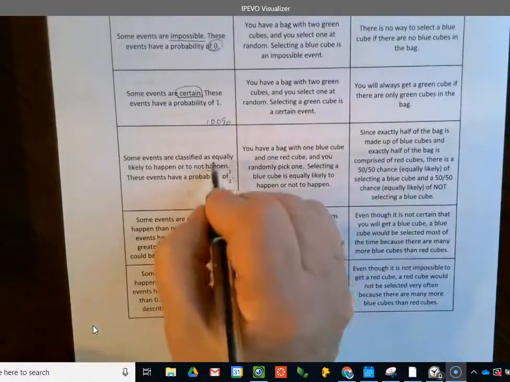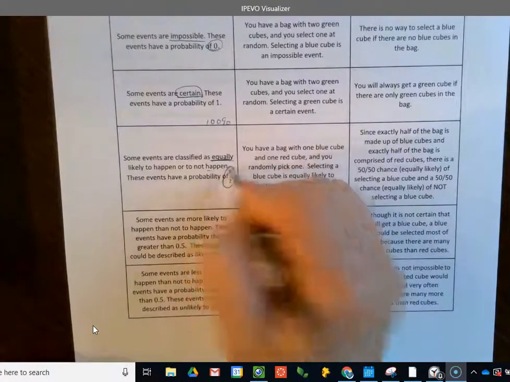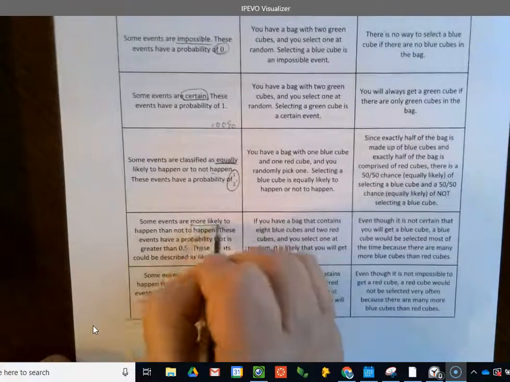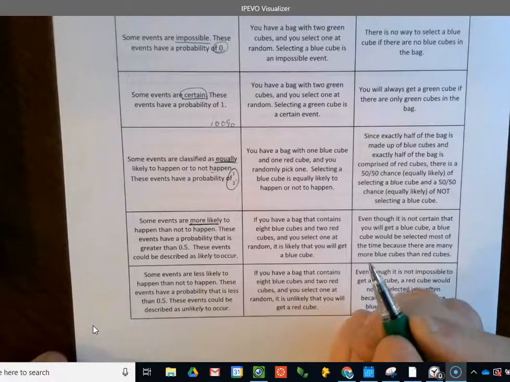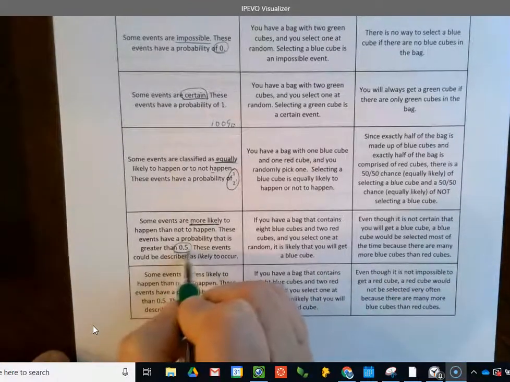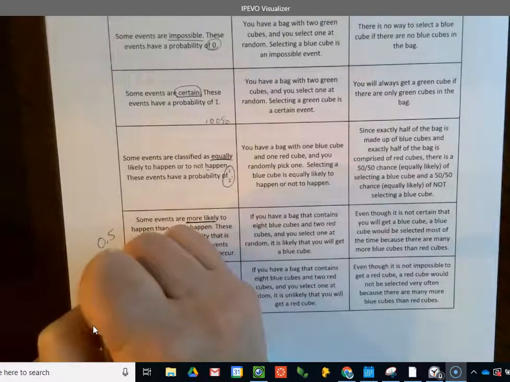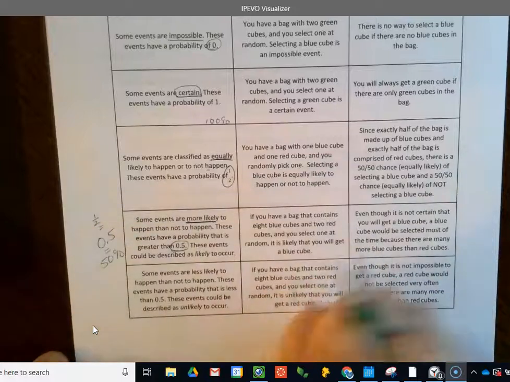It is equally likely if it is 50-50, 1/2. It is more likely if it is greater than 0.5 or 5/10. Remember, 5/10 is equal to 50%, which is equal to 1/2. Okay?